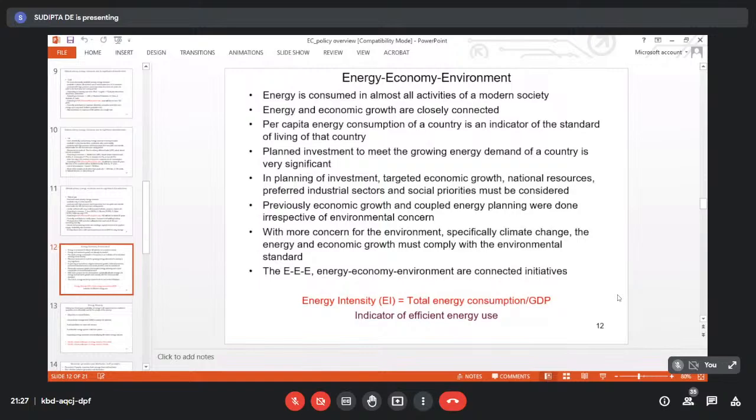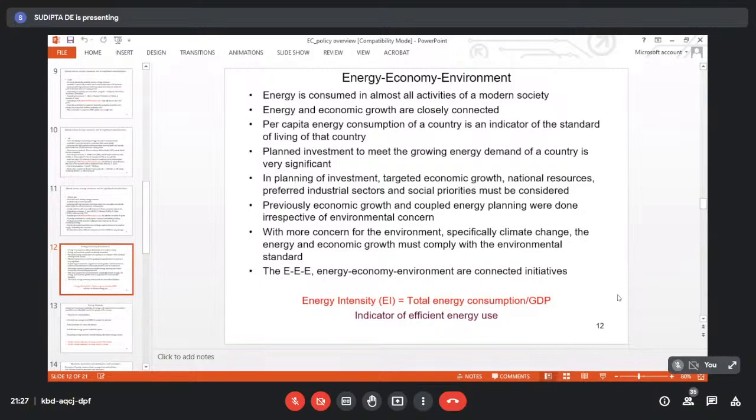Meaning you are becoming more energy efficient, whatever may be the reason. Maybe some of the industries which had more energy consumption have closed. But the gross indicator of energy consumption with respect to economic growth is energy intensity.